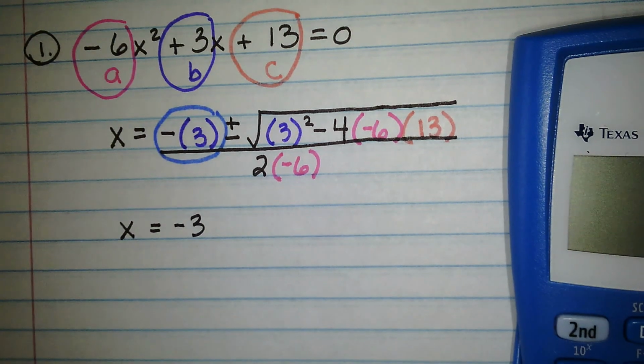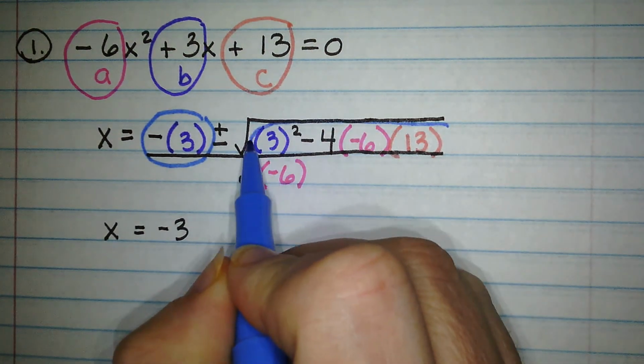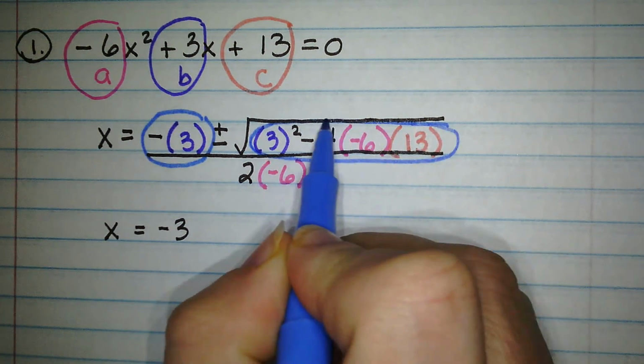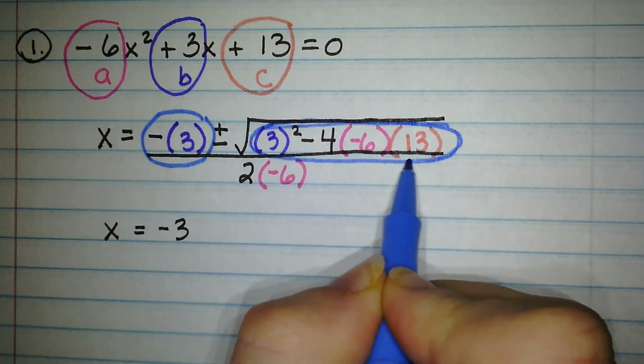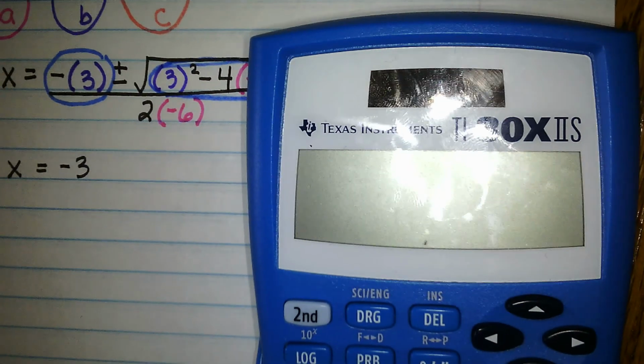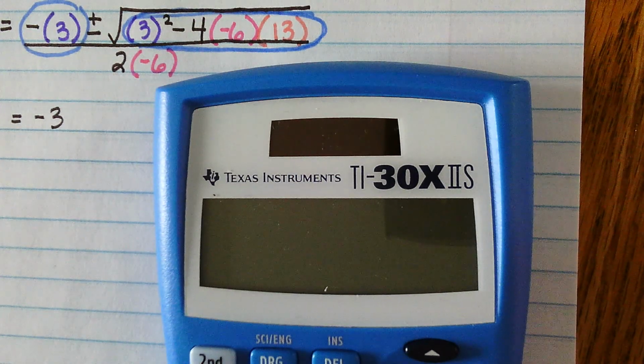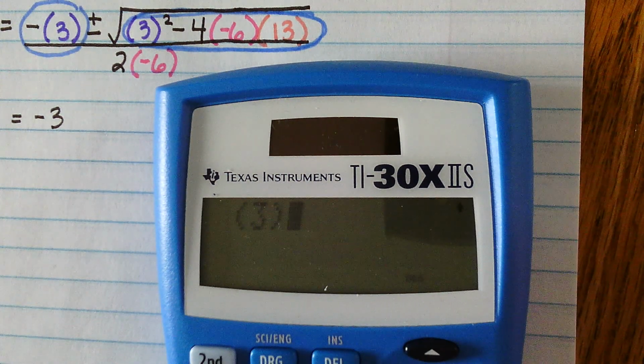That's the first one. The second thing we're going to calculate is everything under the square root exactly as it's written. So on my calculator, we're going to do parentheses 3 squared.